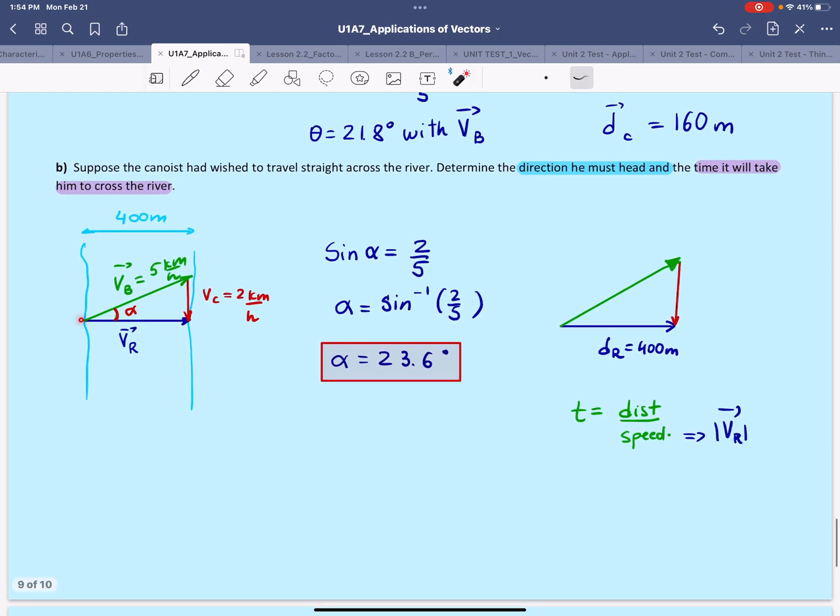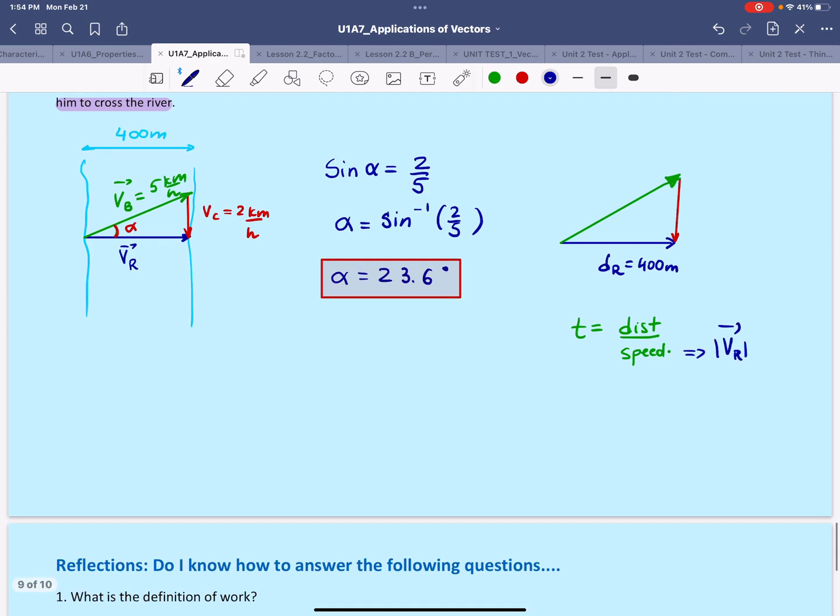Now, according to our velocity diagram here, we have this right angle triangle where we know all the velocities, so we can use very easily the Pythagorean Theorem. We also know the angle, so we could use SOHCAHTOA. I would go for the Pythagorean Theorem because that allows me to use the exact values given.